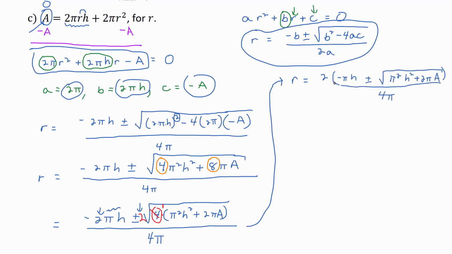What's going to happen is this 2 is going to divide out with the factor of 2 from that 4, and so it looks a little simpler anyway. It's not a huge deal. And then we're left with negative pi h plus or minus the square root of pi squared h squared plus 2 pi A, all over 2 pi.